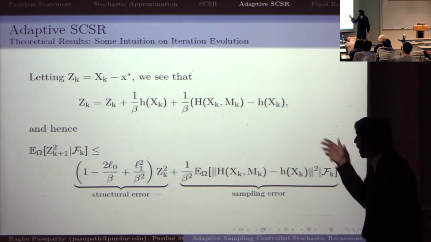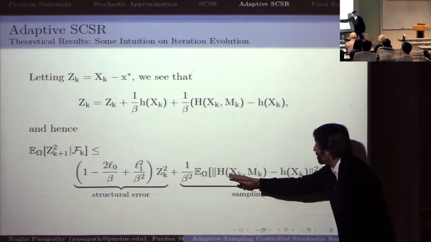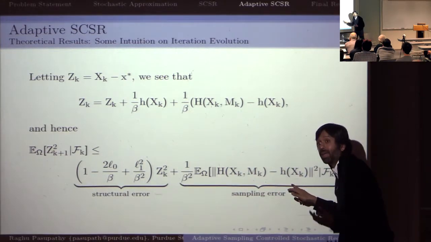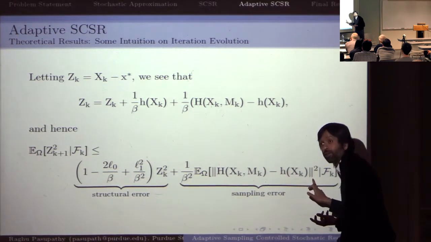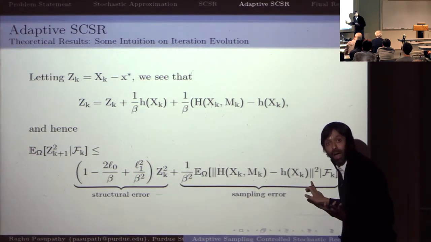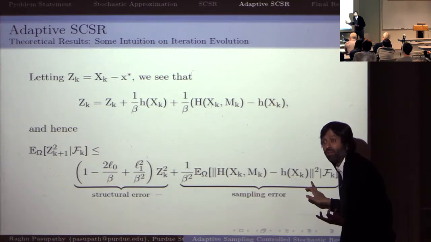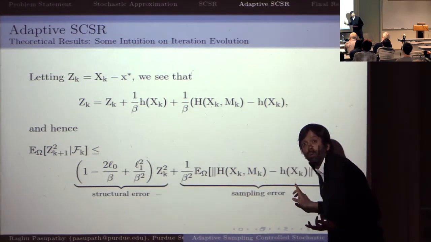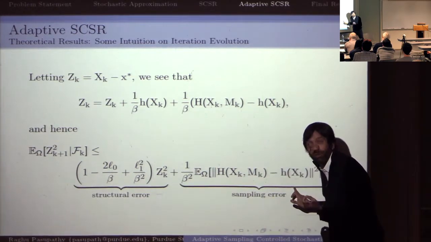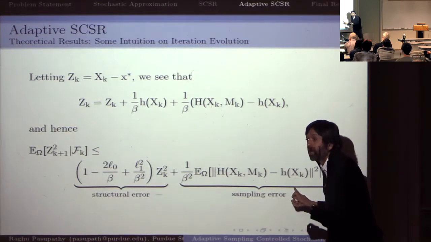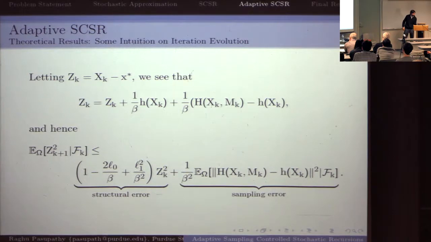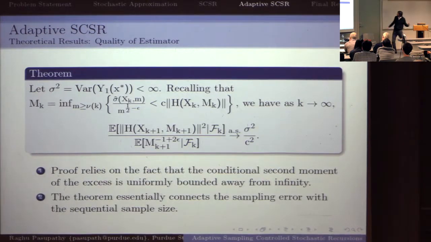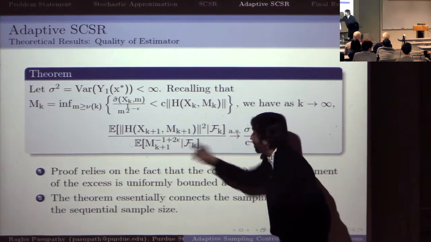If you're losing intuition, this is essentially like the vanilla estimation case, where the squared error is of the order of 1 over m. In this case, because the sample size is itself random, this looks like expected 1 over m with an inflation constant. No big surprise, something that one would expect, but proving it takes a little while. So this looks roughly like this.